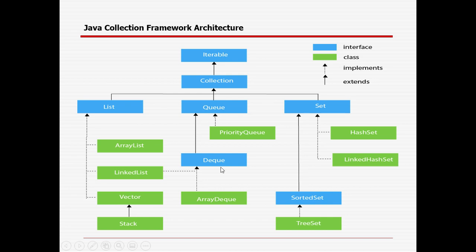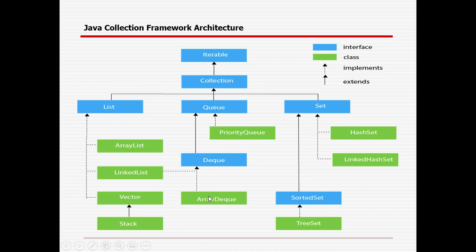And in the List interface you can see there are a lot of classes, because all the classes will implement the interface: Stack, Vector, LinkedList, ArrayList. Some of the classes can implement two interfaces as well, because they have the properties of two interfaces, just like LinkedList. It implements the List interface as well as the Deque interface.